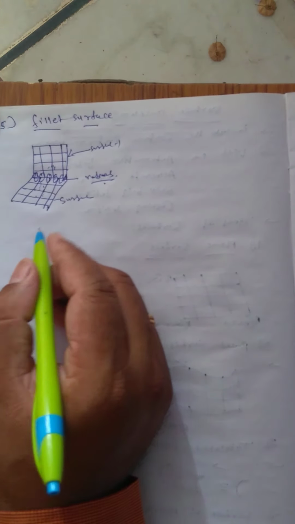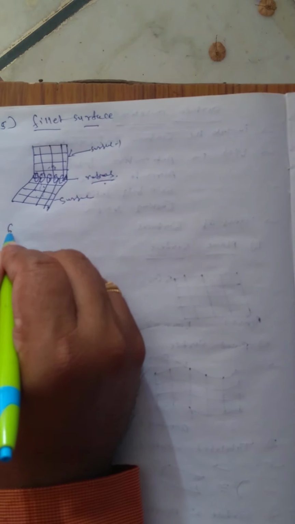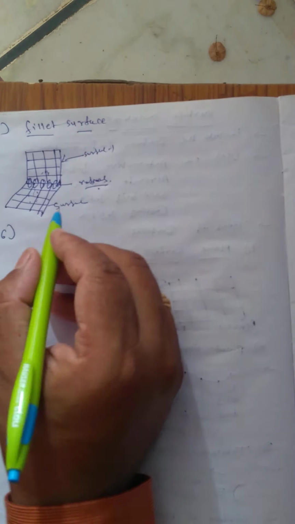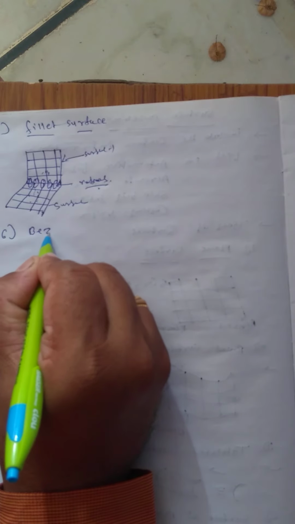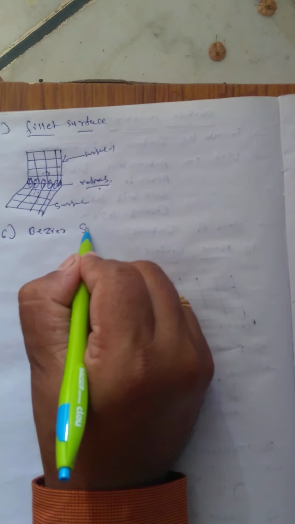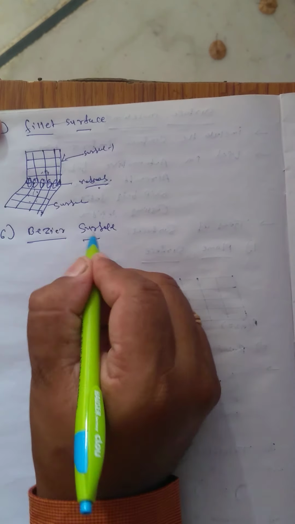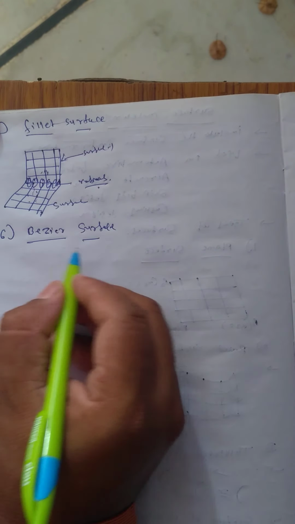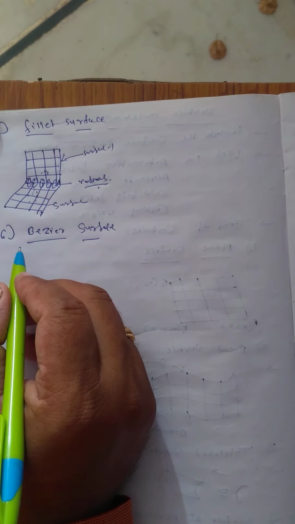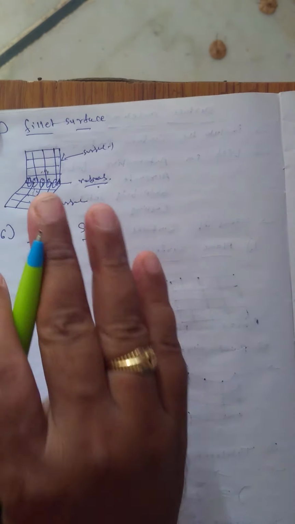Then the next surface of surface modeling is the Bezier surface. The Bezier surface is a synthetic surface. It is created by the Bezier curve, and the Bezier surface does not pass through all these data points, but its shape is controlled by this data.